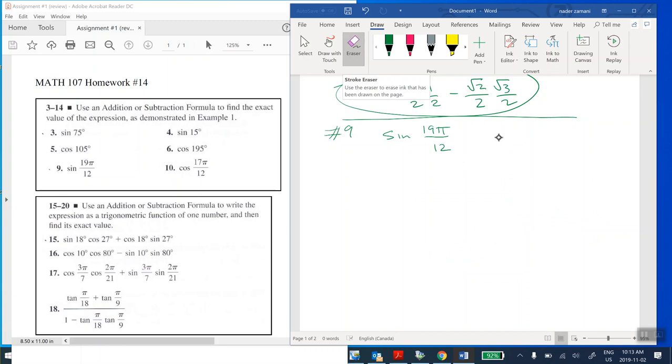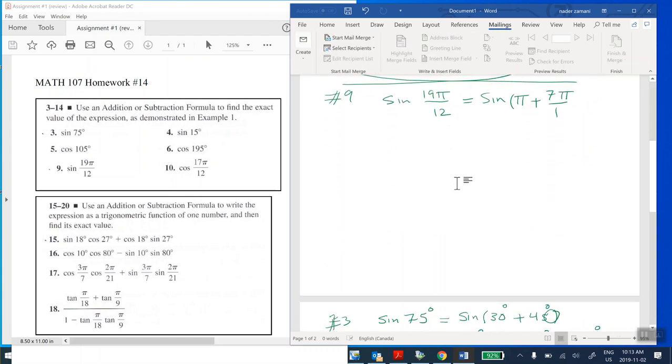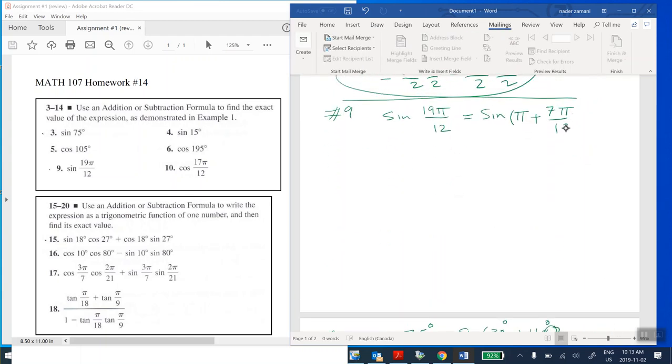All right, here's what I'm going to do. I'm going to write this as sine of pi plus 7 pi over 12. Now I'm going to use the sine of the sum.